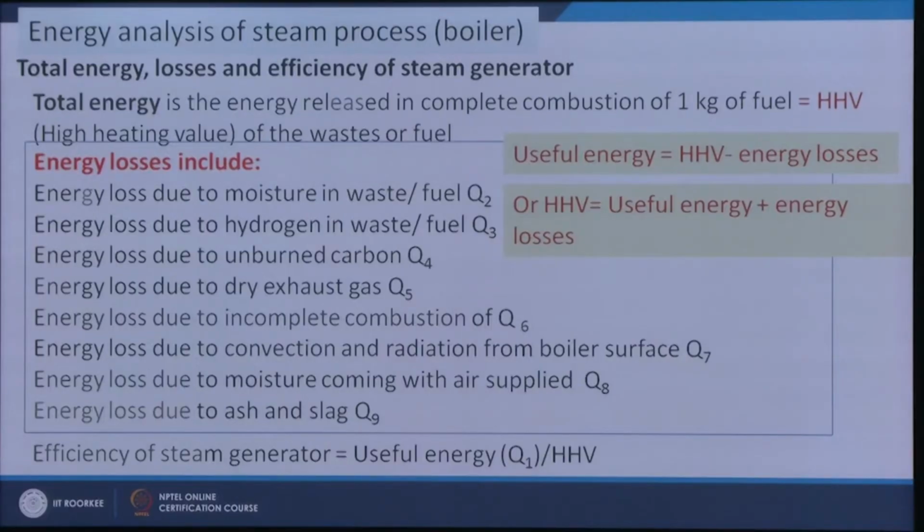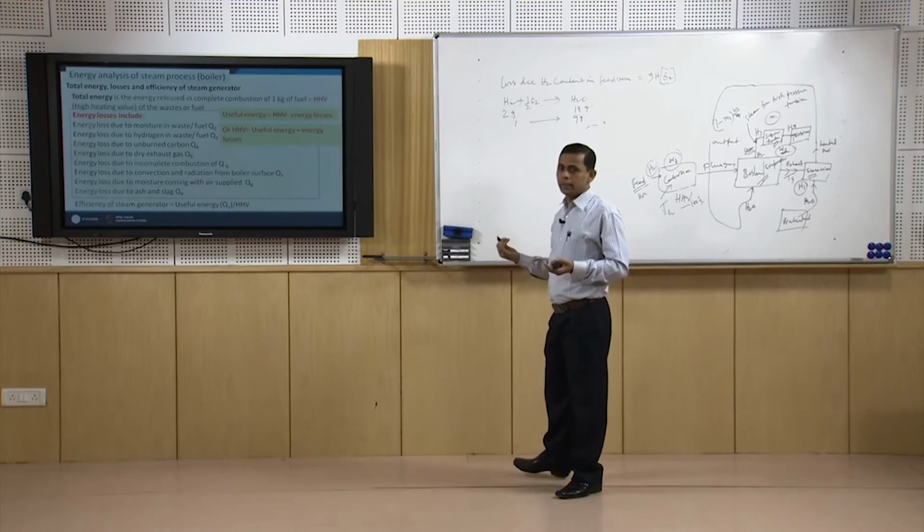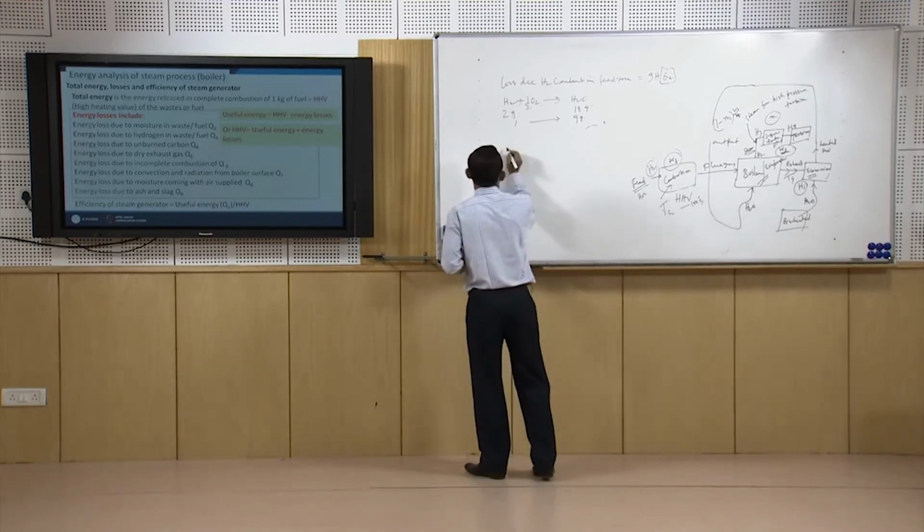We will have some other losses also, like energy loss due to unburned carbon. All carbon present in the feedstock may not be completely converted, so some unburned carbon will be available. The heat content of the unburned carbon we are not able to utilize, and that is why it is a loss.